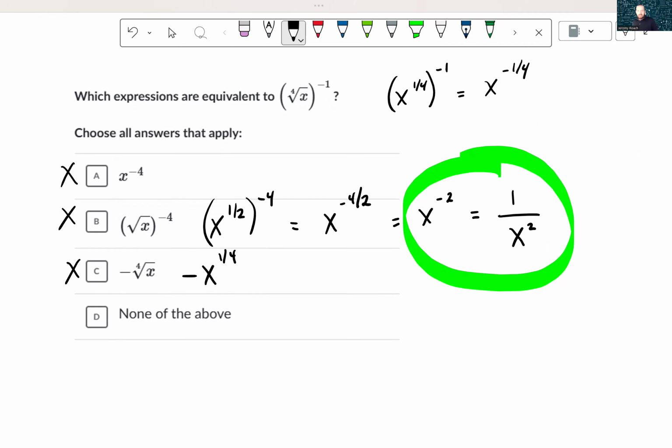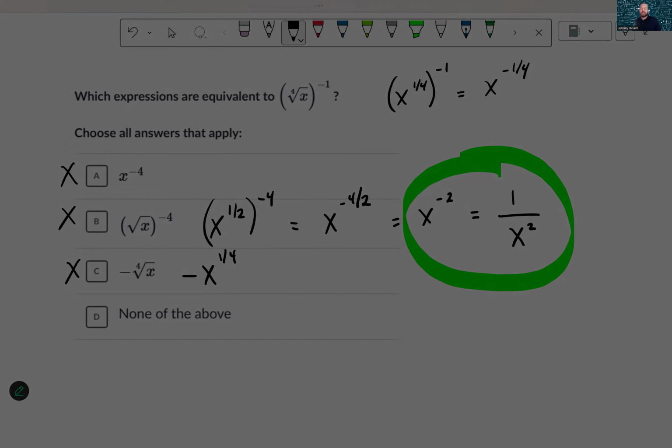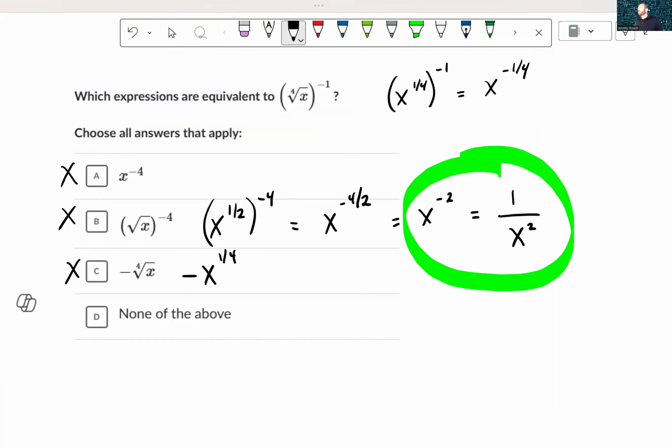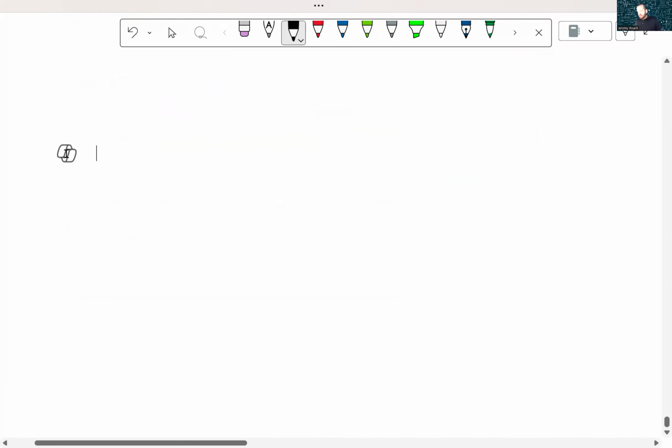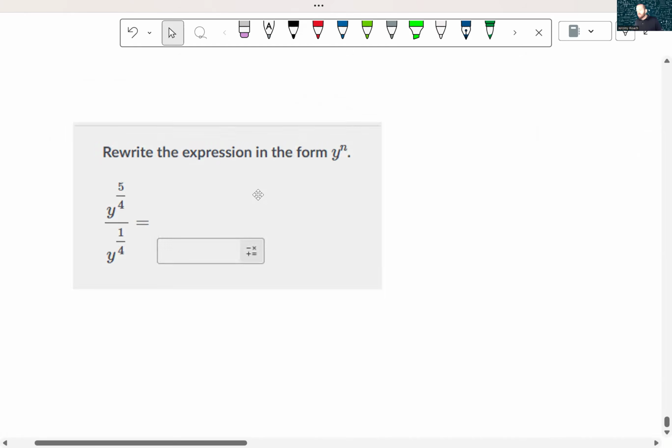Okay. All right. Now we're going to get into the quotient rule with fractional exponents. So it wants us to write an answer with just one base and one exponent.